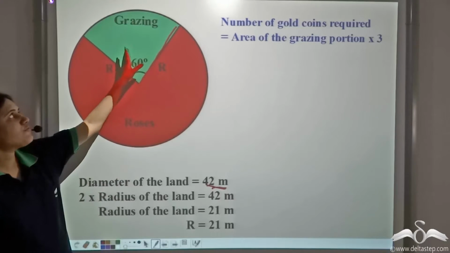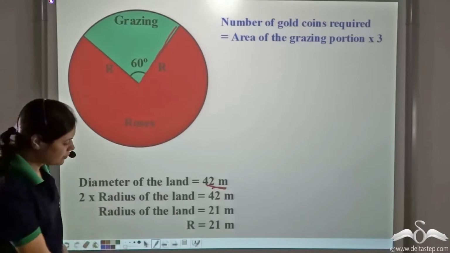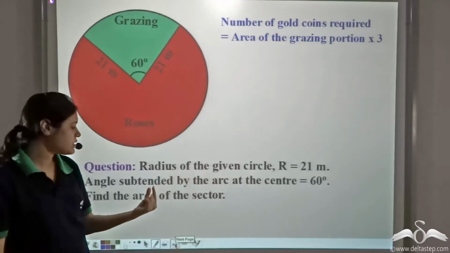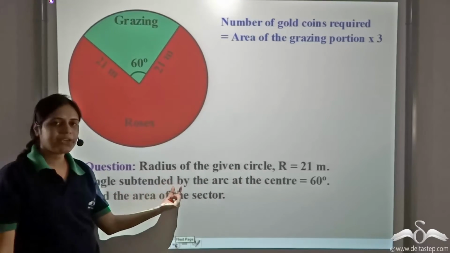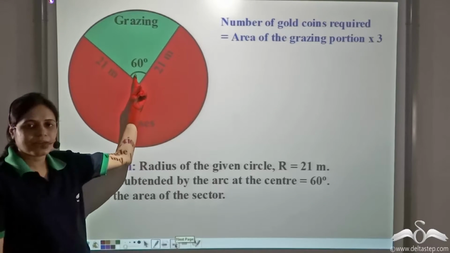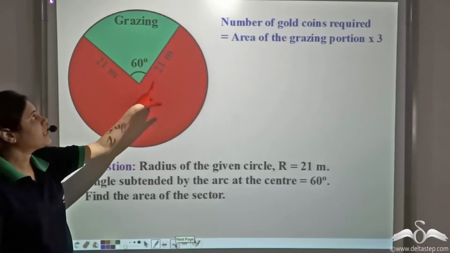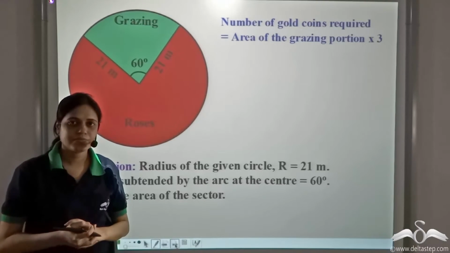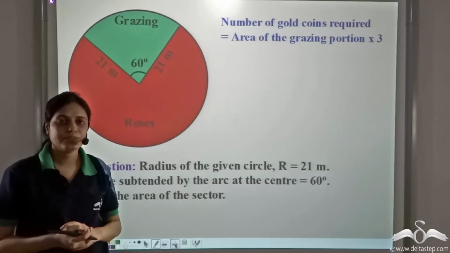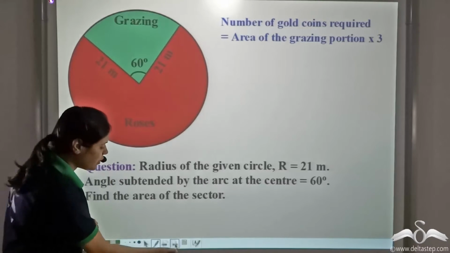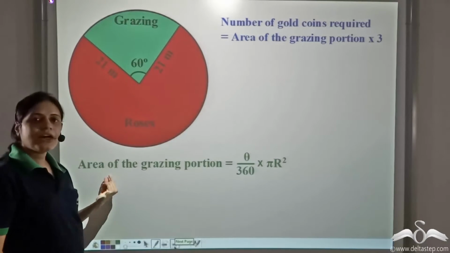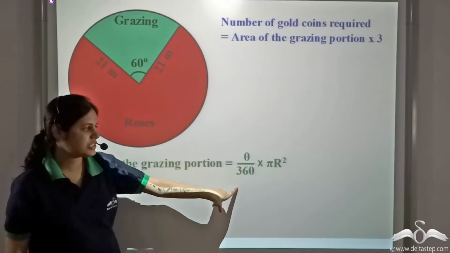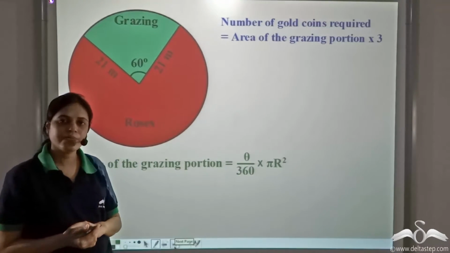So we need to find the area of this sector with radius 21 meters and the angle subtended as 60 degree. So find the area of this green sector. Well, we know that area of a sector is given by theta by 360 into pi r square.